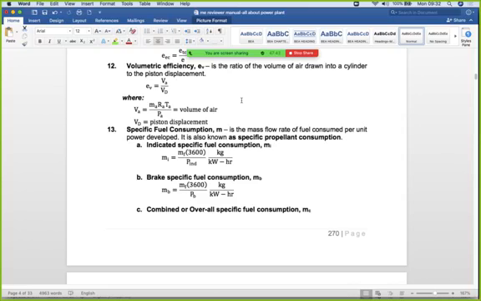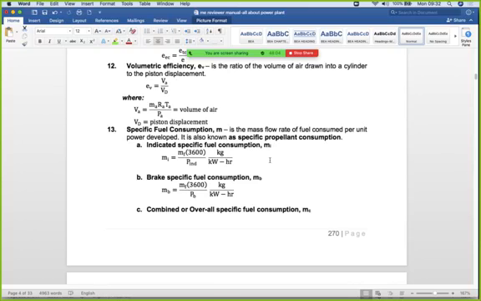Okay, so we have classified here indicated and brake. Ratio of volume of air drawn into a cylinder. So we have the indicated specific fuel consumption.